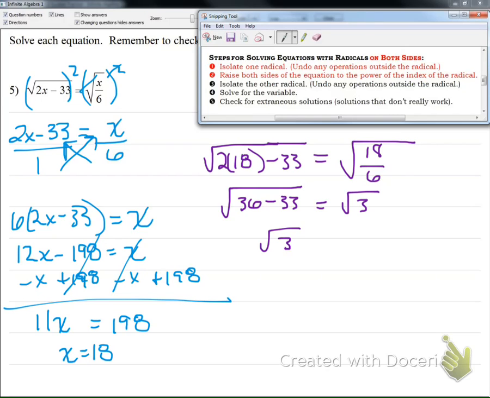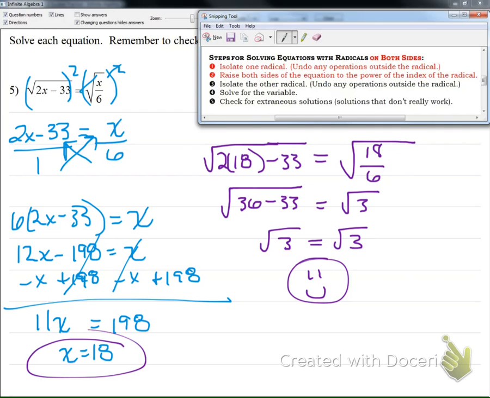On the left hand side, 36 minus 33 is 3, so you write the radical square root of 3 is equal to the square root of 3. There's nothing else more to simplify, and the square root of 3 does equal the square root of 3. So that is a solution. So the final answer is x is equal to 18.